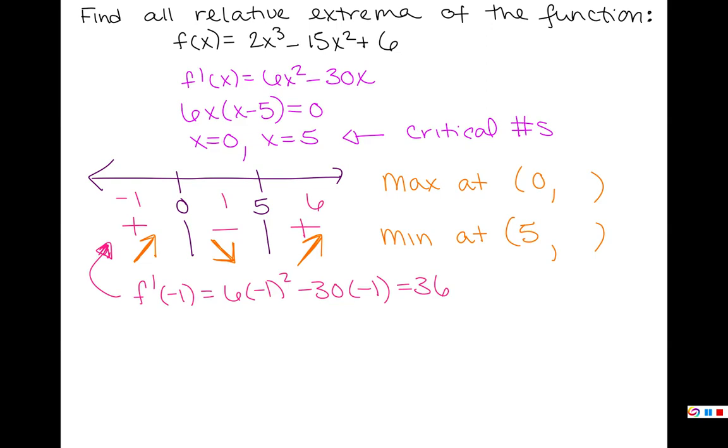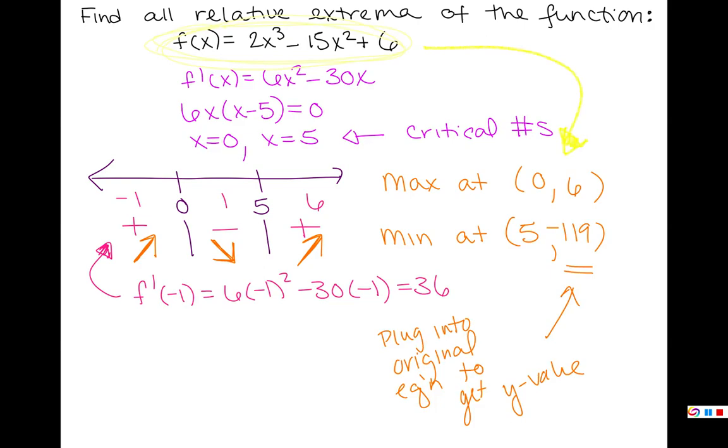We're going to write these answers as ordered pairs. So when you give me a max or a min, you're going to write both the x and the y coordinate of that point. That's an actual point on the graph. So I have a max at x equals 0, I have a min at x equals 5. To find the y value, you're going to plug those numbers into that original function, which I have circled in yellow.